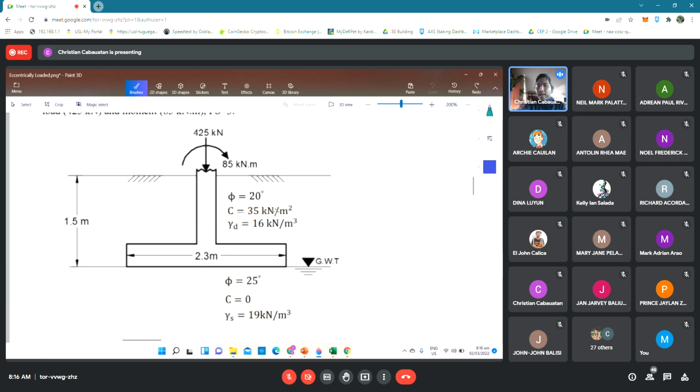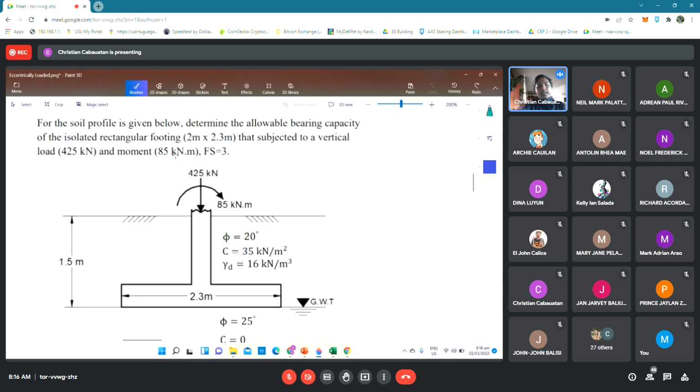The dimension of our foundation below is the width. Any idea from the class why it became 2.3 and not 2 meters? Does anyone have an idea, or none?